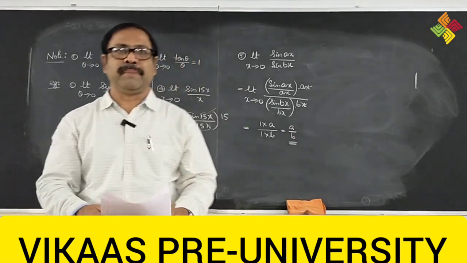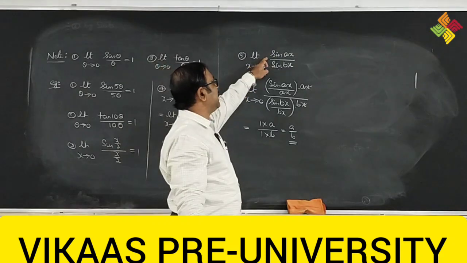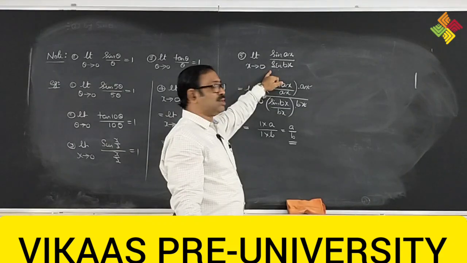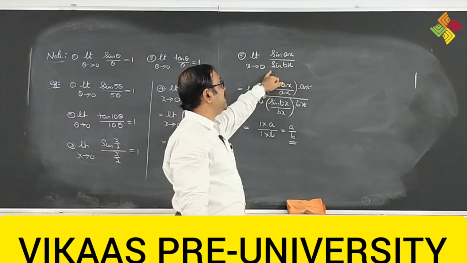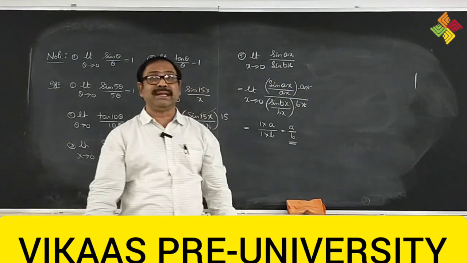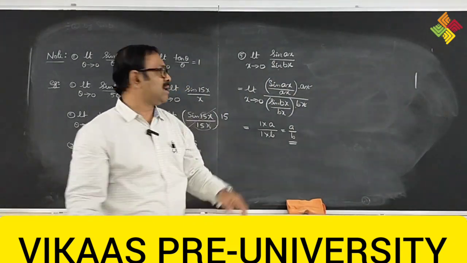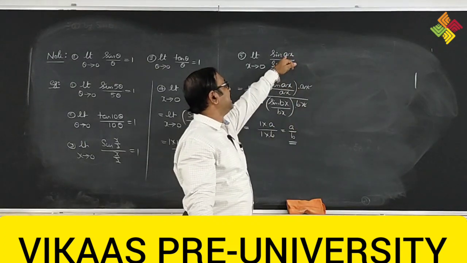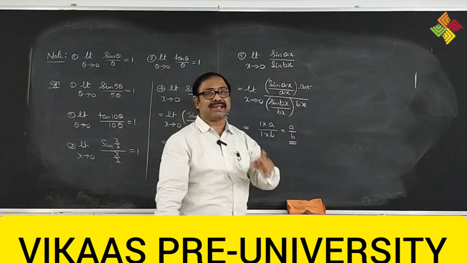Now once again I will repeat this, students. It is sin ax by sin bx. It is not in the general form, so first you have to convert this into the general form. What is the general form? Sin theta by theta. So sin ax by ax, that is 1.